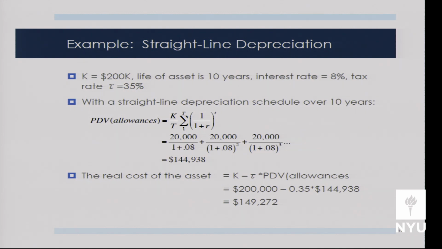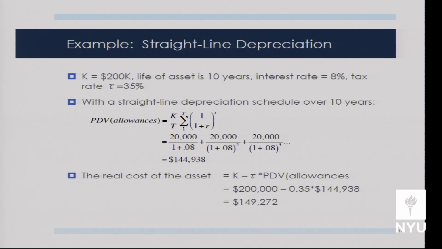Suppose I buy the thing on December 31st and I file my taxes on December 31st, then I get the first depreciation allowance without discounting. It just depends on whether a year passes between when I buy the thing and when I first get my depreciation allowance. I'm assuming here I'm buying this good on January 1st, but I'm filing my taxes on December 31st. So even the first depreciation allowance of $20,000 has to be discounted at 8%.